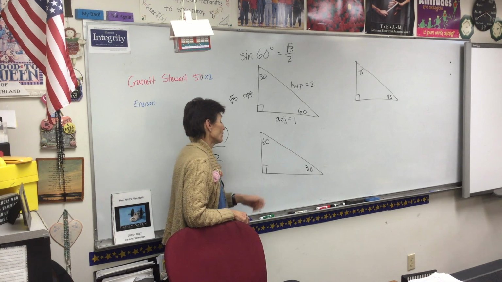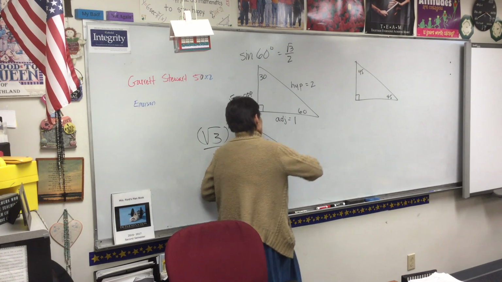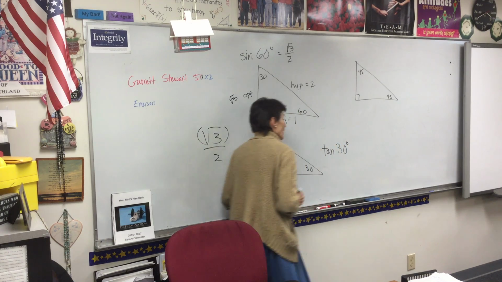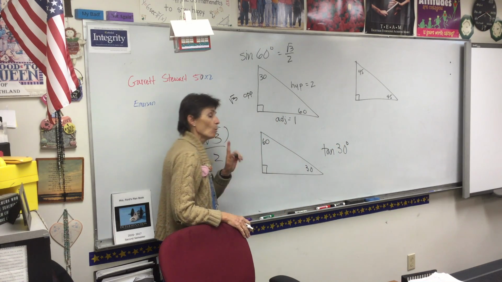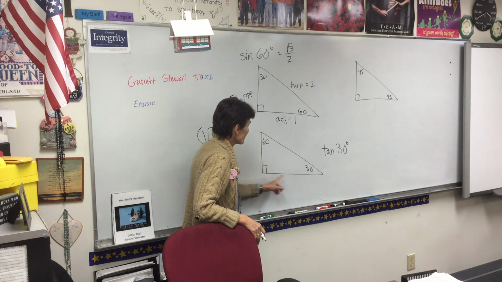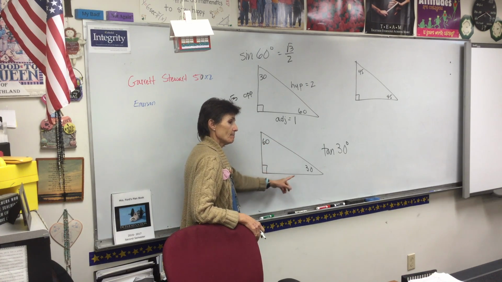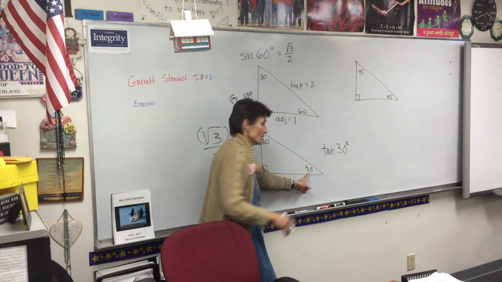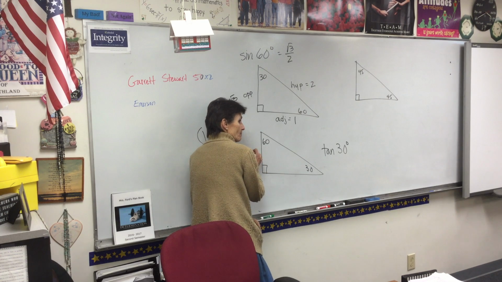All right, here we go. Try this one. I want you to tell me the tangent of 30. Let's see if we can figure out the tangent of 30 without our calculators. All right, so here's my triangle, 30, 60, 90. Here's the 30. So which side would this be? Opposite.